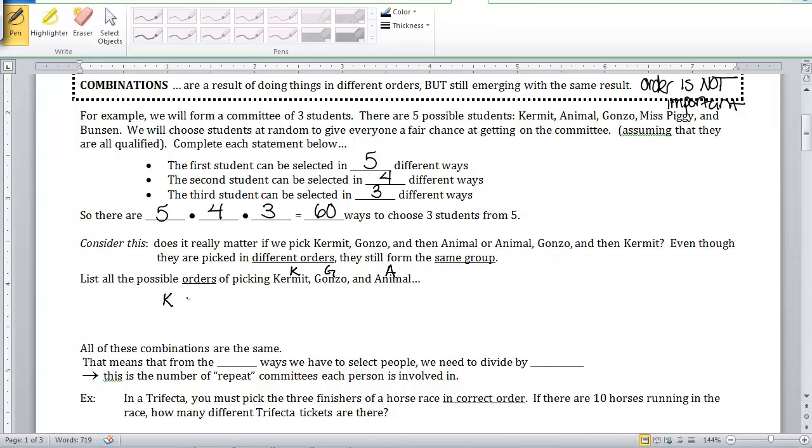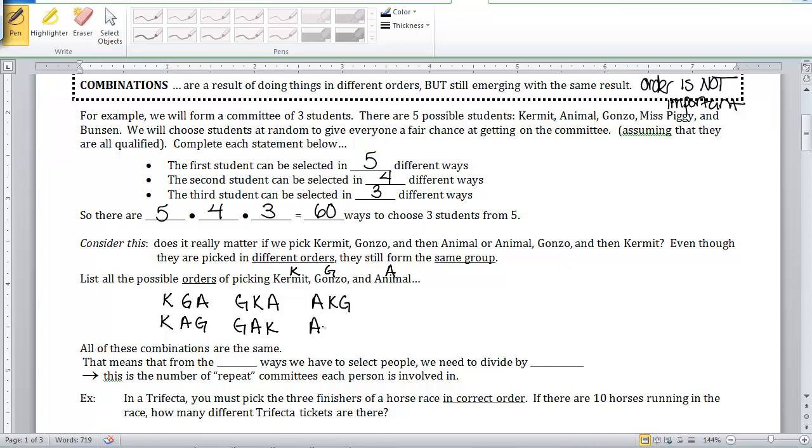I could either pick Kermit, Gonzo, Animal, or I could pick Kermit first, and then Animal, and then Gonzo. If we picked Gonzo first, maybe we do Kermit, Animal. If I pick Gonzo first, maybe I did Animal, Kermit. And if I pick Animal first, maybe I do Kermit, Gonzo.